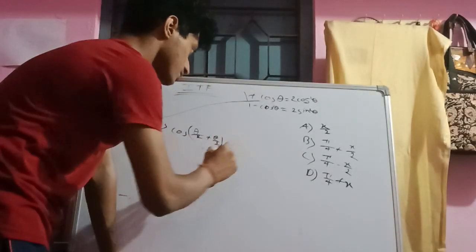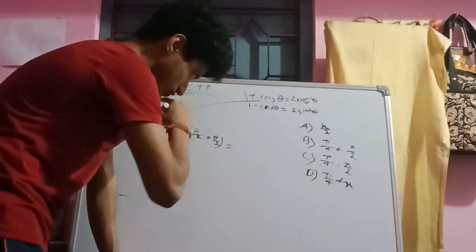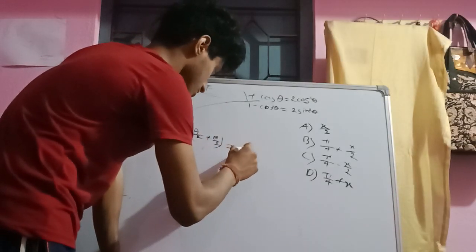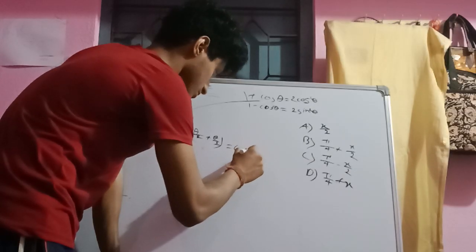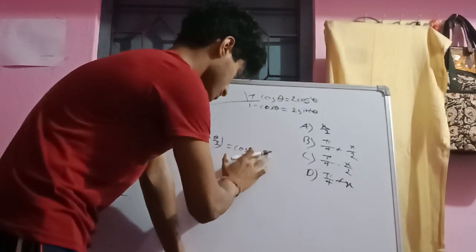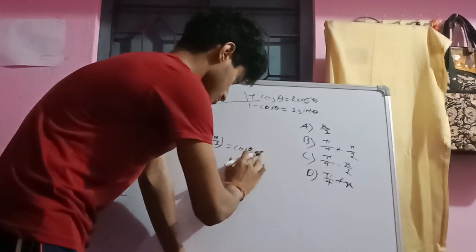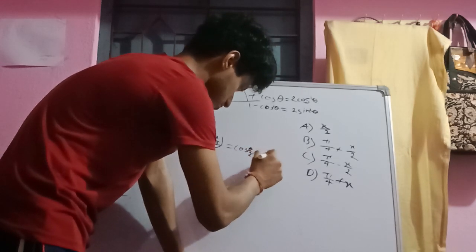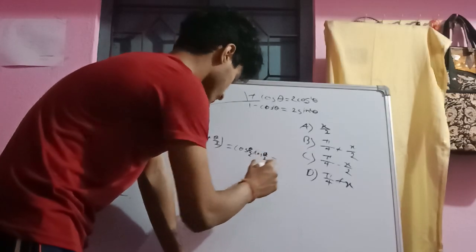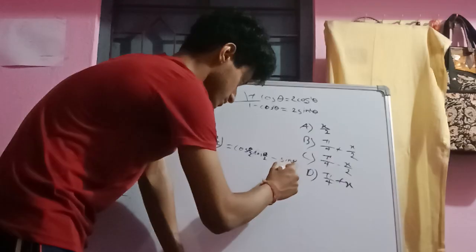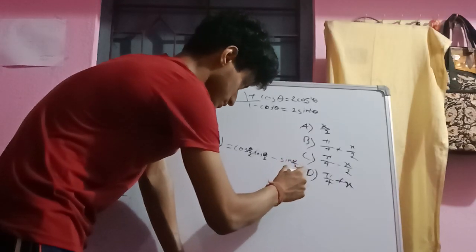We do know the identity of this, so this becomes cos theta over 2 times cos theta over 2 minus sine theta over 2 times sine theta over 2.